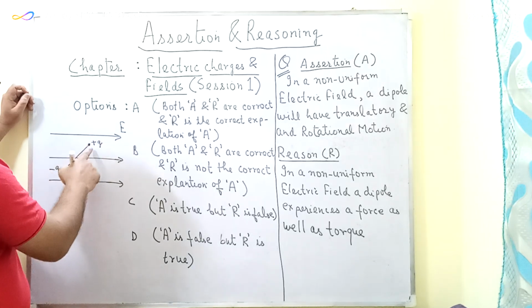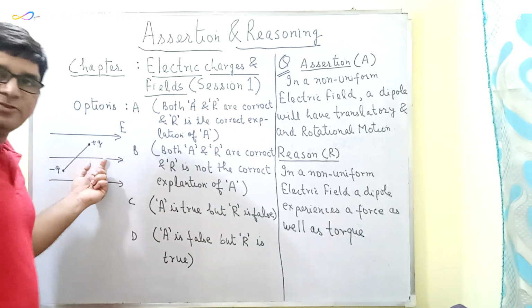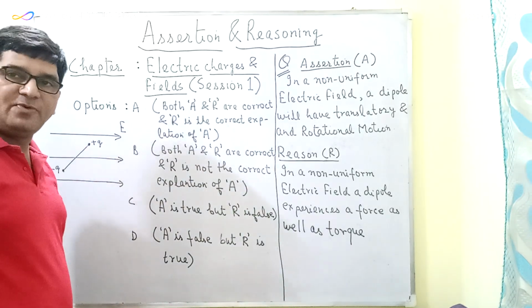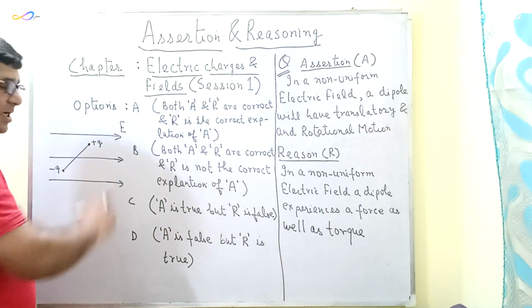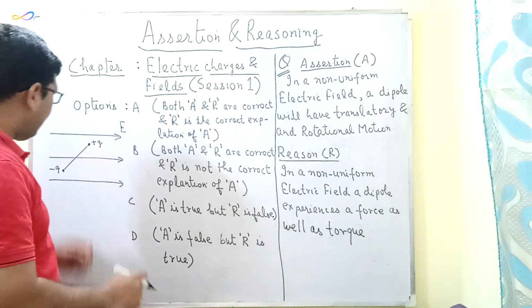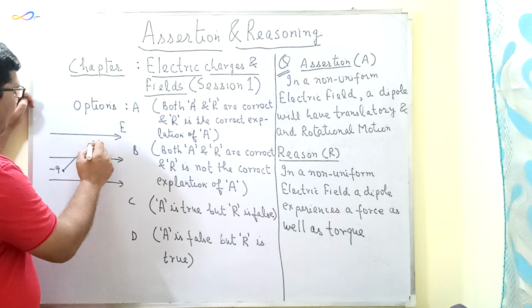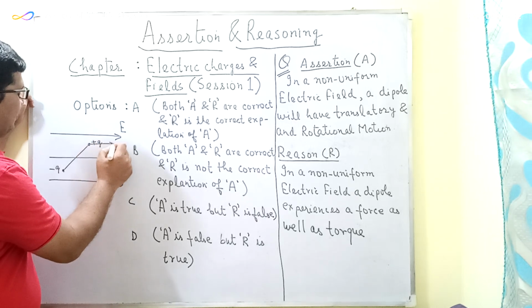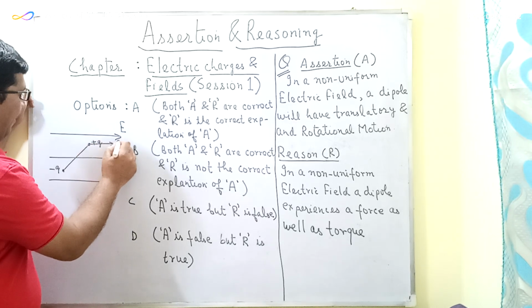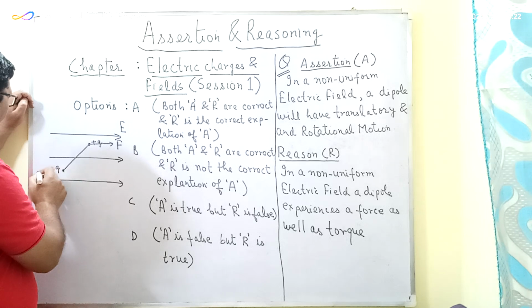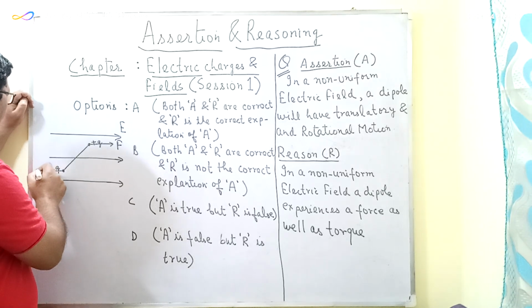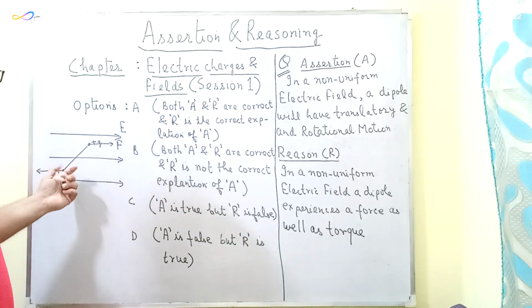This is a negative charge and this is a positive charge. So what is a dipole? A dipole is a combination of equal and opposite charges separated by a very small distance. Now this is a positive charge, so the force acting on this charge will be along the direction of the electric field, and the force on this negative charge will be opposite to the direction of the electric field.